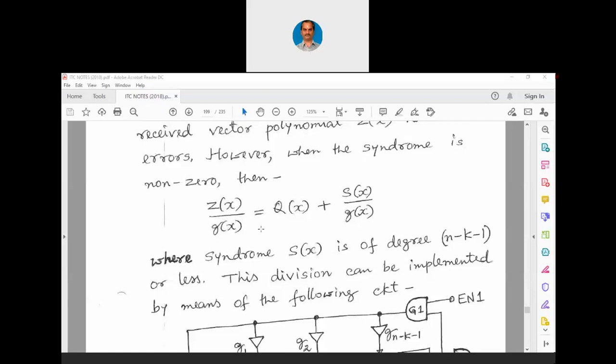So through this equation, we can now have the hardware.